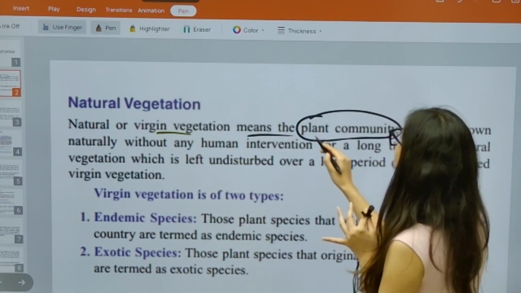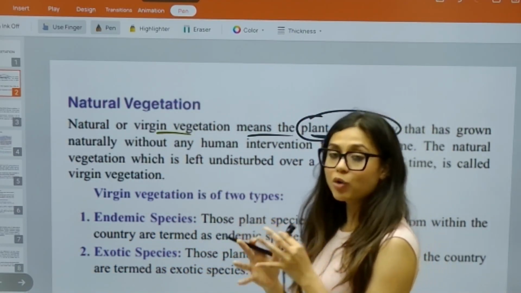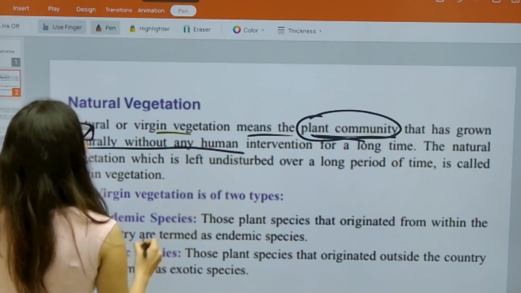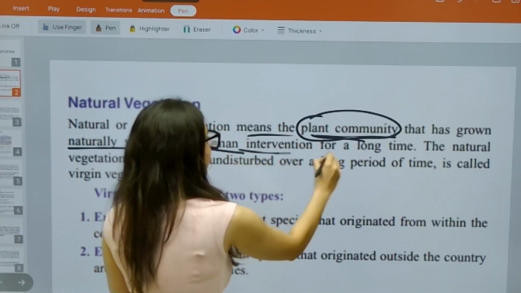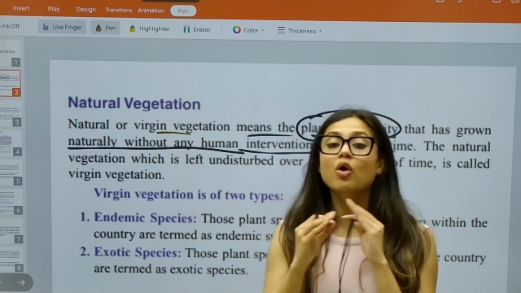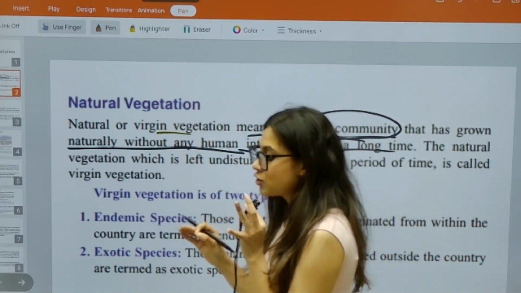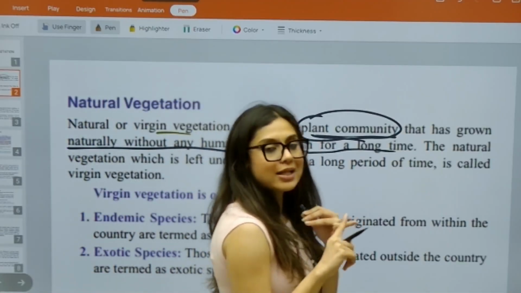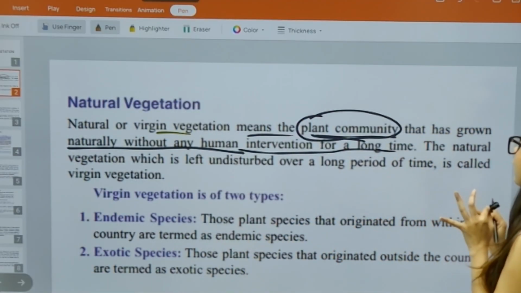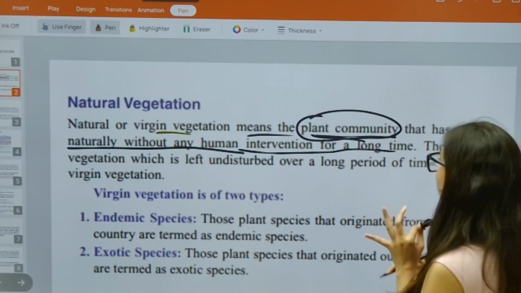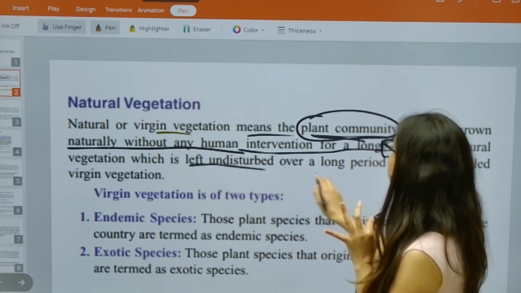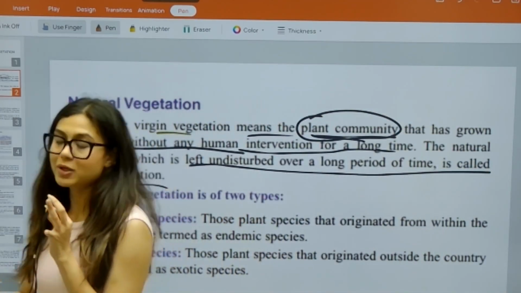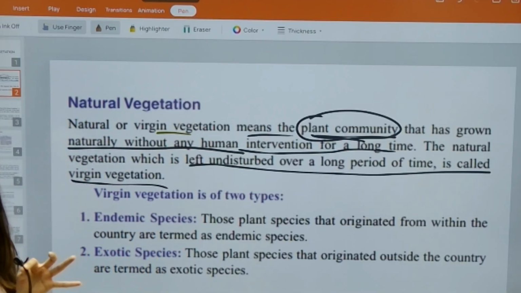So when plants have grown together naturally without any human intervention for a longer period of time, they depend naturally on the rainfall, sunlight, etc. It is left undisturbed, and it is known as virgin vegetation or natural vegetation because it is untouched by any human.